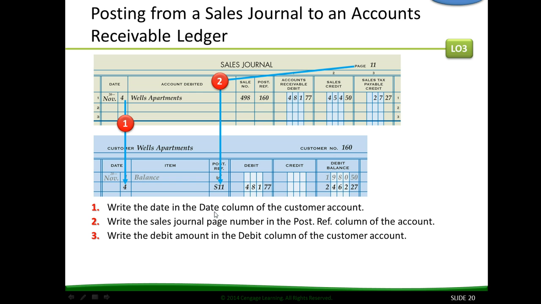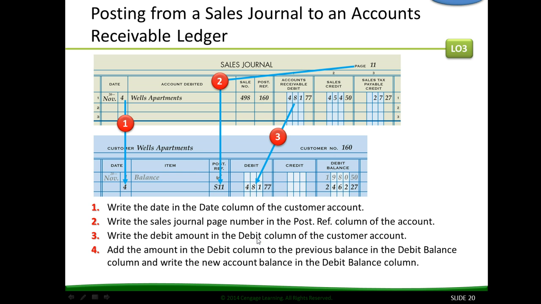The third step is you write the amount in the debit column of the customer account, which is the total amount that they owe us, which is the $481.77. And then you add the two balances together. Why do you add them? It's a debit and a debit. To show the new account balance that Wells Apartments owes us, which is $2,462.27.